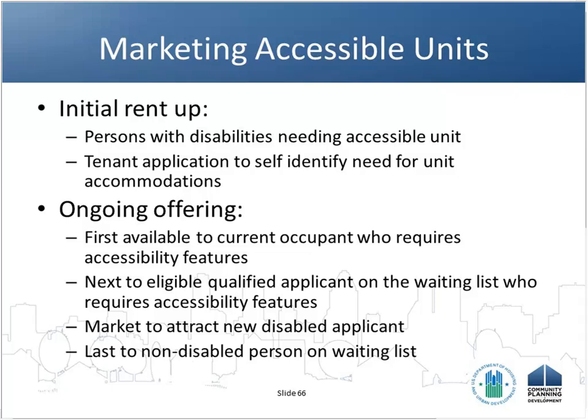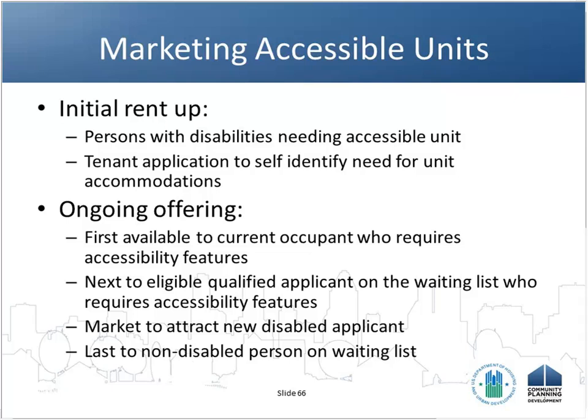If we find that we have no one amongst our existing tenants or on that waiting list, at that point, then we're going to market specifically those units for a disabled applicant. So we might be doing some general marketing, but we may also be going to a mobility advocacy group within the area to see, do they have any clients that they're serving that might have a need for an accessible, affordable unit.